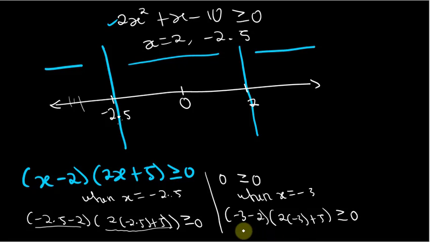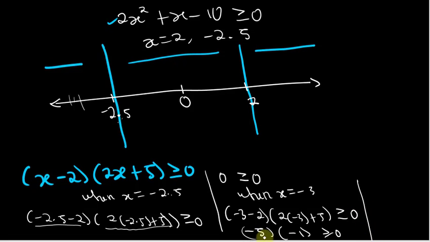Negative 3 minus 2 gives us negative 5. Inside the bracket, 2 times negative 3 gives negative 6, plus 5 gives negative 1. Negative 5 times negative 1 gives positive 5. So we have 5 being greater than or equal to 0, and this statement too is true. It is defined.